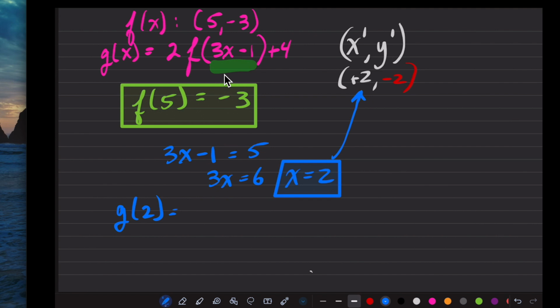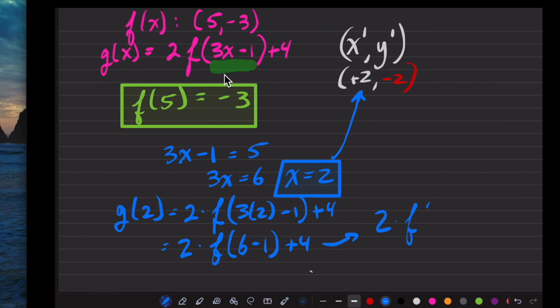So we're going to have 2 times f of 3 times 2, that's plugging in the new x value, minus 1, plus 4. 2 times f of 6 minus 1 plus 4. 2 times f of 5 plus 4.